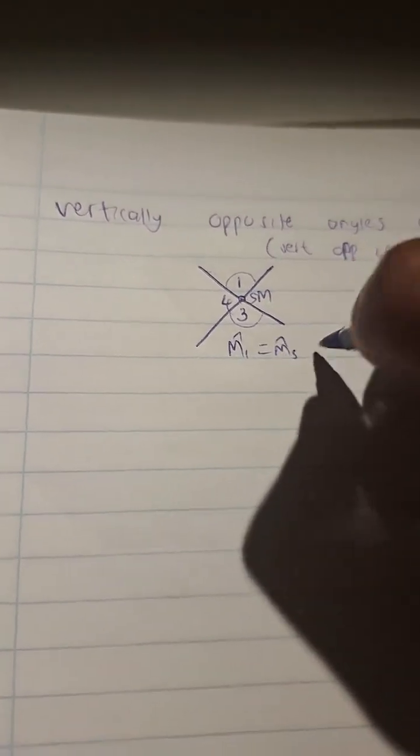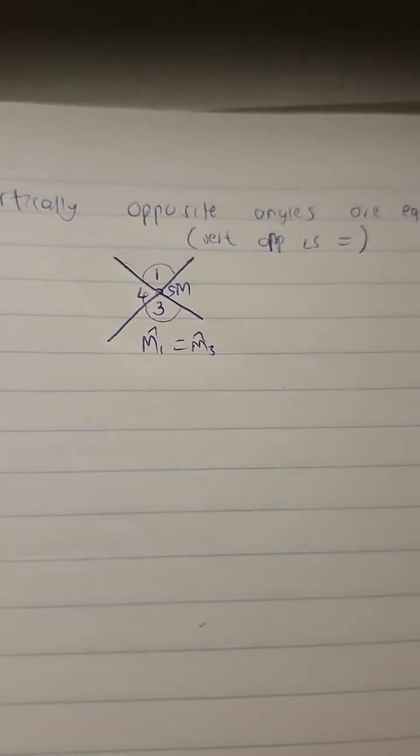The reality is that there's a relationship that exists between angle M1 and angle M3. There are two lines that are both straight. That's very important. They have to be two lines that are both straight. Like, this is a straight line, this is a straight line. Angle M1 and angle M3 are equal.